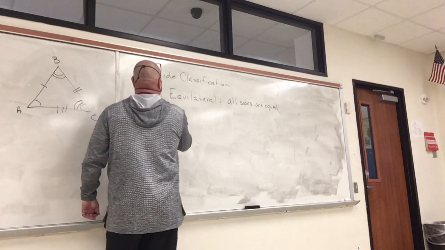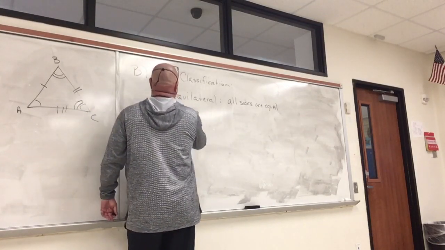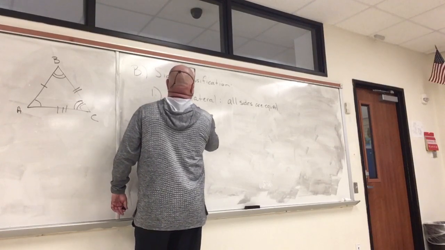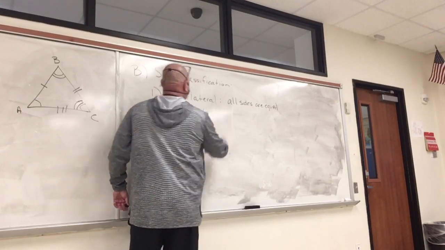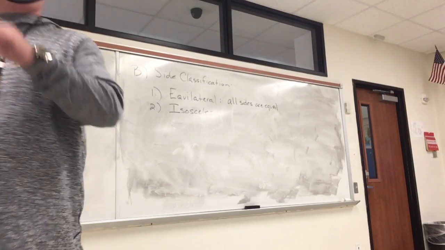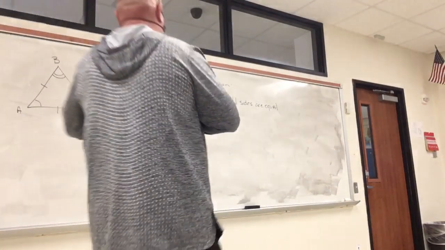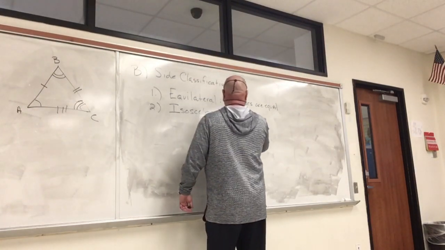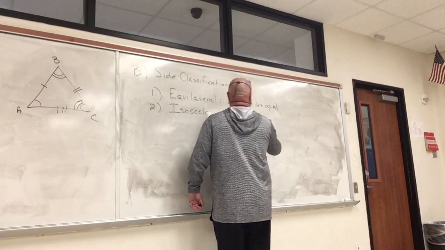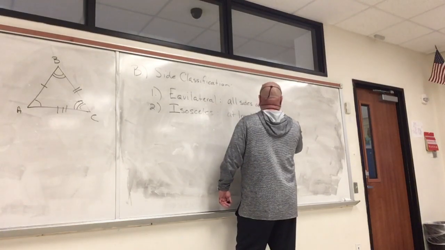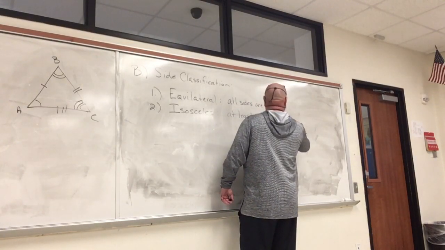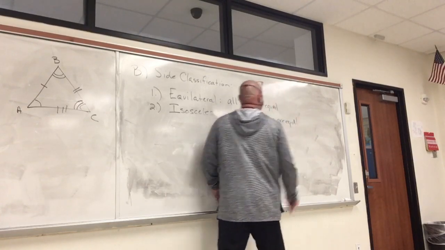Number 2, you have an isosceles. Here's a funky definition. Listen to me. In an isosceles triangle, at least two sides are equal. Here's where it gets weird.